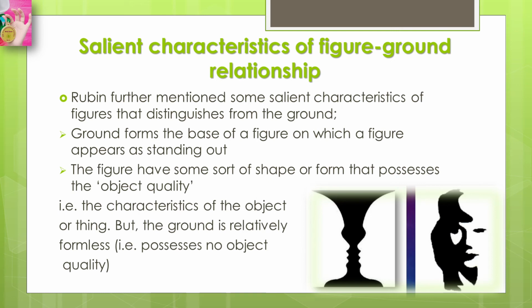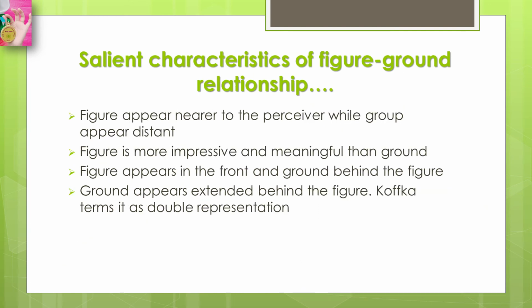But the ground is relatively formless, that is, it possesses no object quality, and the figure appears nearer to the perceiver, while the ground appears distant. The figure is more impressive and meaningful than the ground, and the figure appears in front and the ground behind the figure. The ground appears extended behind the figure, which Koffka terms double representation.